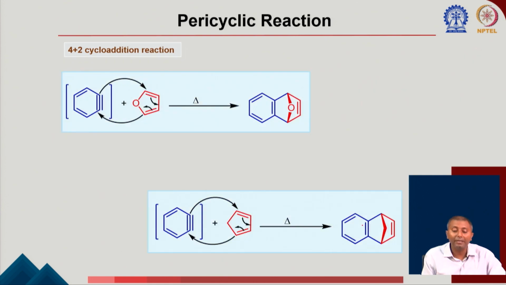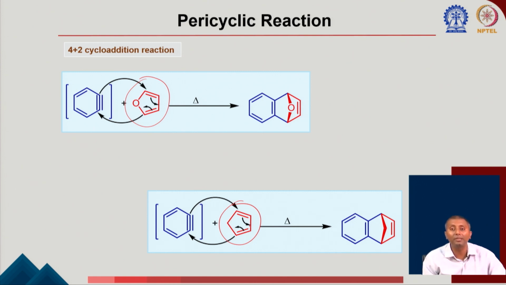This reaction will be more reactive if the diene is in a ring, like furan or cyclopentadiene. In the case of cyclopentadiene, the ring form versus the open chain form, the closed form will be much more reactive because it is already in the s-cis conformation.